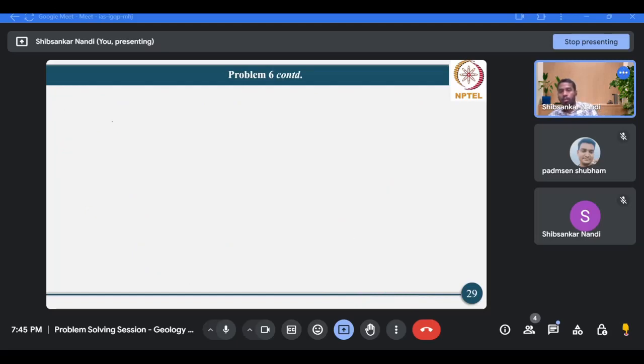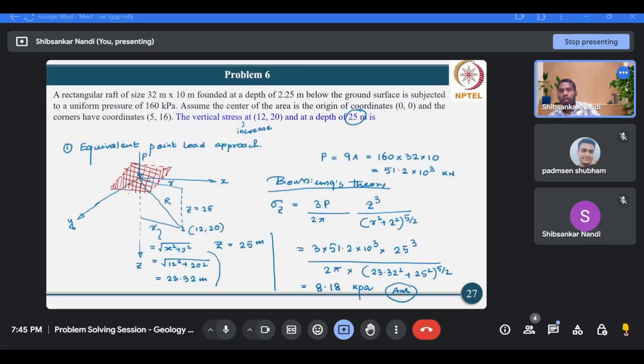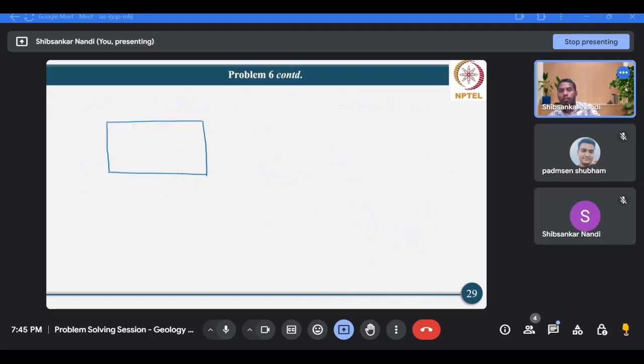So suppose this is the rectangularly loaded area with dimension 32 meter and 10 meter. So this is your 32 meter and this is your 10 meter.